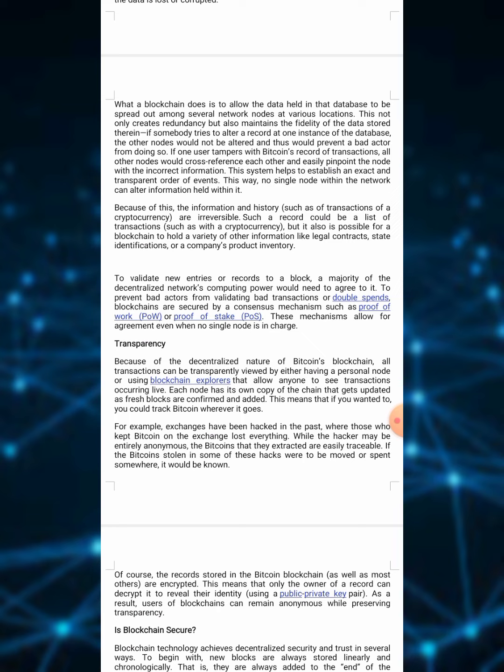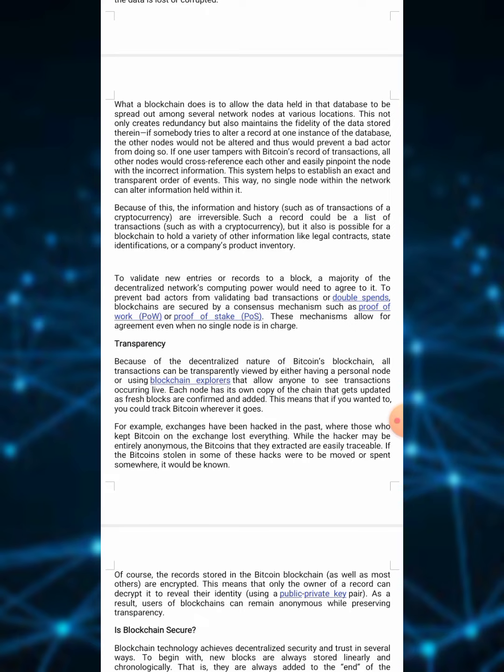This takes us to the transparency of blockchain technology. Because of the decentralized nature of blockchain, all transactions can be transparently viewed either by having a personal node or by using a blockchain explorer.